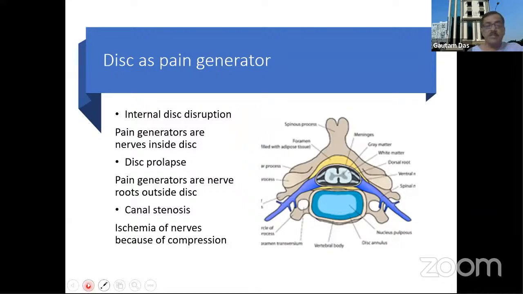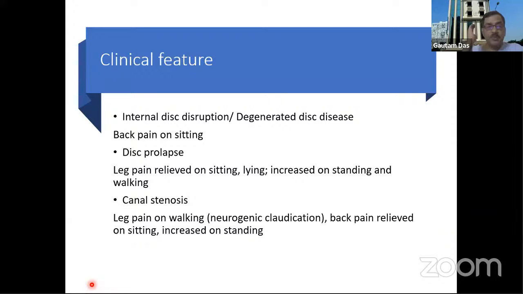So disc degeneration can be internal disc disruption, which presents with back pain. It can be disc prolapse, which presents with radicular leg pain, and canal stenosis that produces ischemic leg pain, meaning claudication.